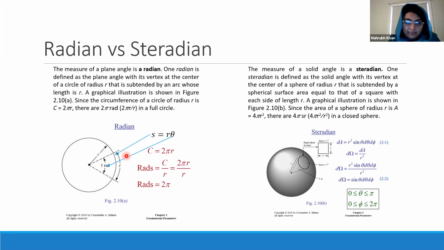One radian is defined as follows: if you have a circle and you are making an angle with an arc, then the length of the arc is S equals R theta, where R is the radius of this circle.